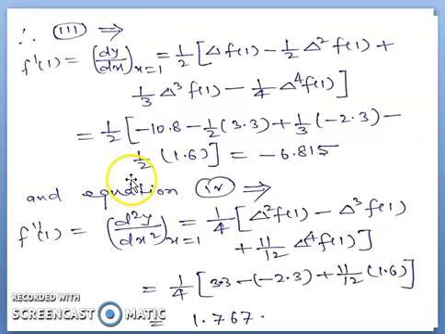Now from equation 3 put x equal to 1 and we get dy by dx at x equal to 1, equal to 1 by 2 of del f1 minus 1 by 2 of del square f1 plus 1 by 3 of del cube f1 minus 1 by 4 of del to the power 4 of f1.